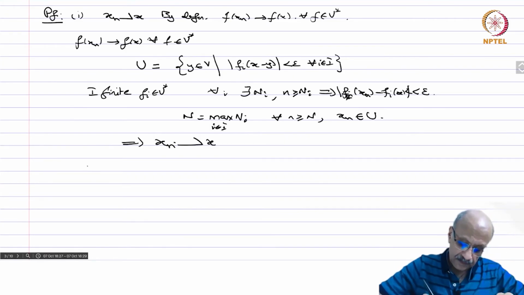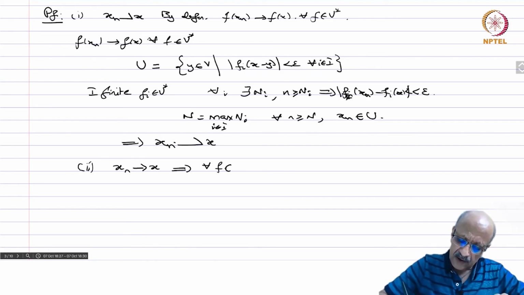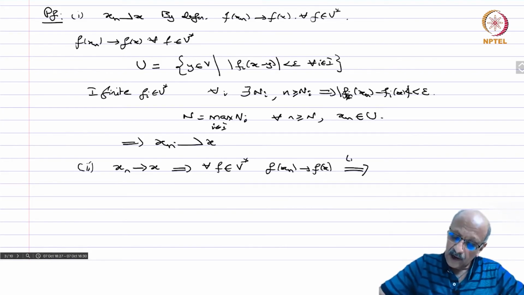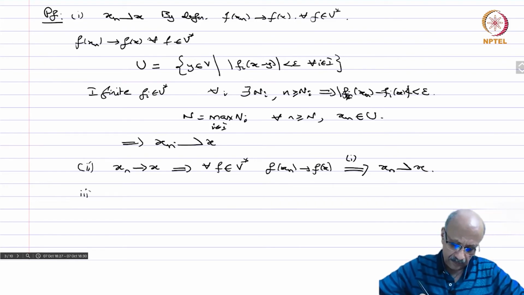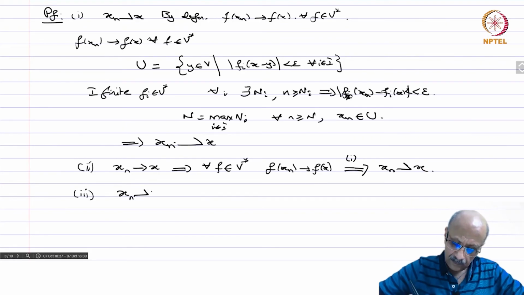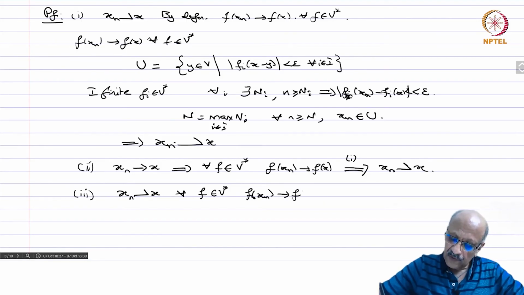2. x_n converges to x in norm implies for every f in V* we have f(x_n) converges to f(x), and this implies by 1 that x_n converges to x weakly. Third, x_n converges weakly to x in V. That means for every f in V*, we have f(x_n) converges to f(x).